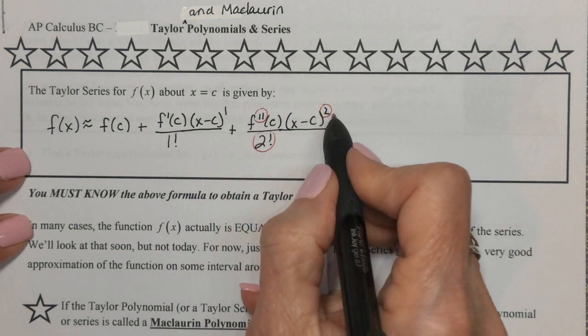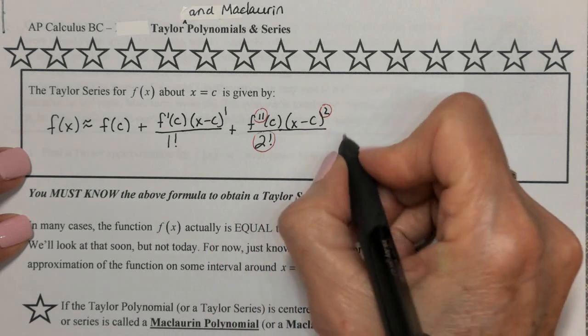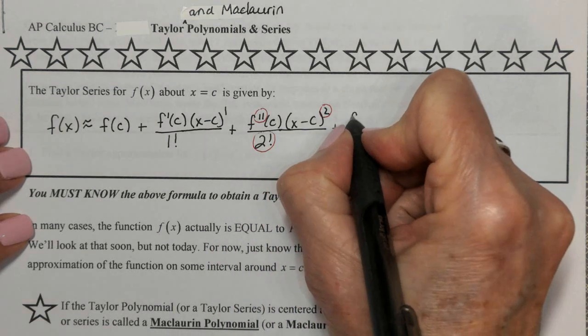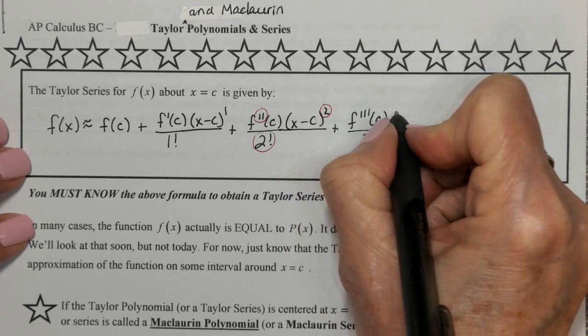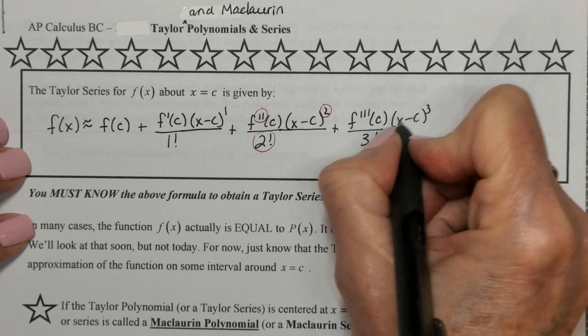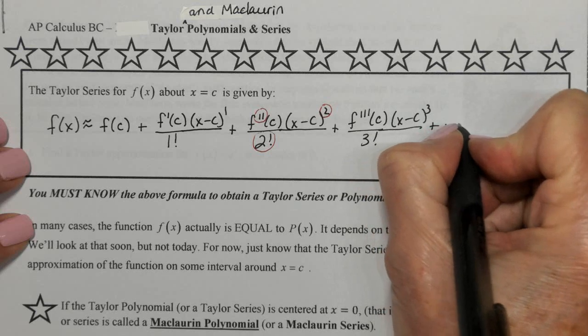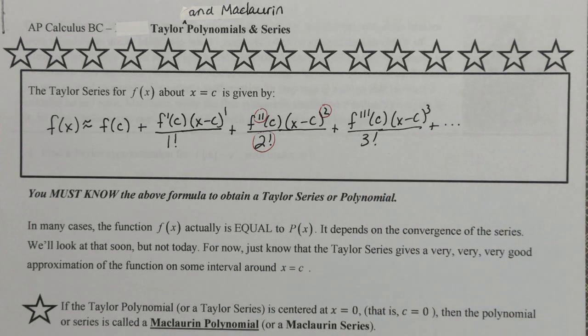Second derivative, second power, 2 factorial, they all match every time. The third derivative divided by 3 factorial times x minus c cubed plus ... And that is the approximation for any function using a power series in x, a polynomial series.